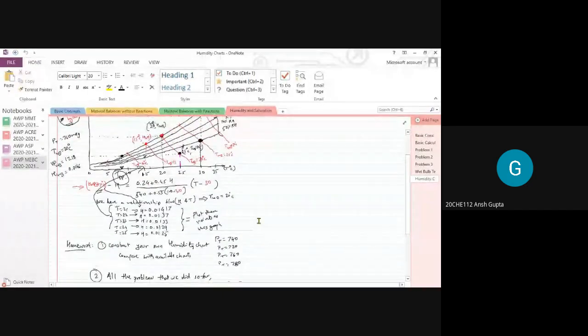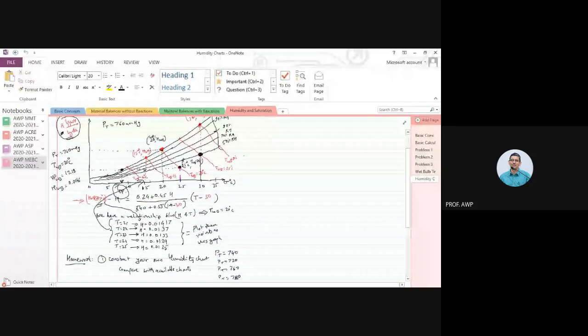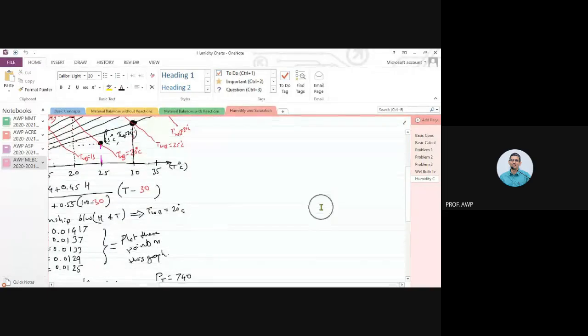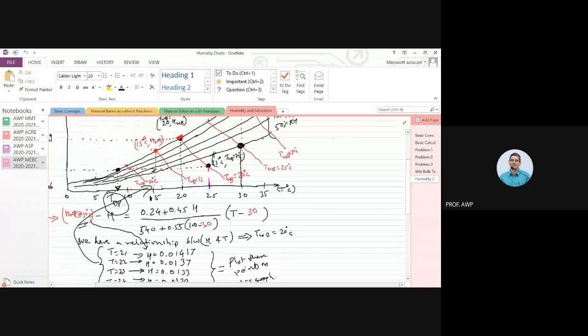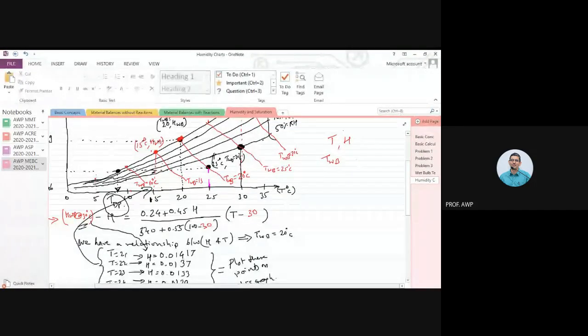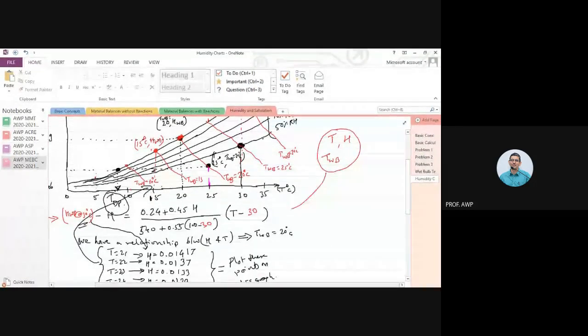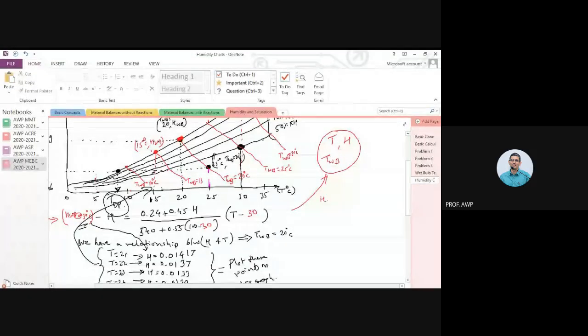Is the wet bulb temperature the same as the Antoine equation? No. The wet bulb temperature gives the relationship between temperature, humidity, and the wet bulb temperature, right? This relationship comes from heat and mass transfer.